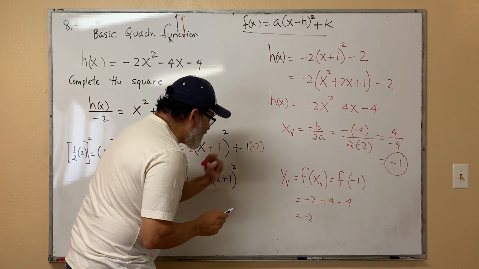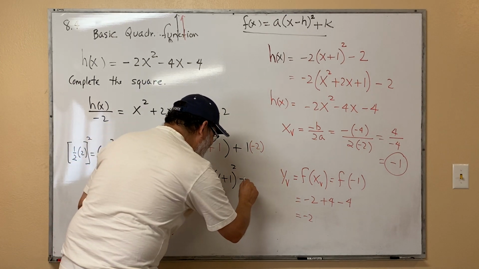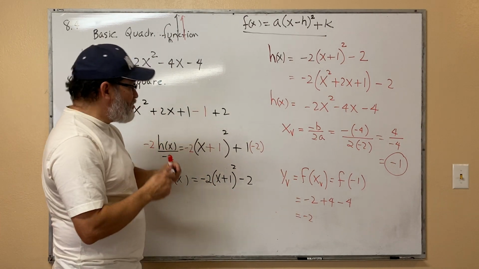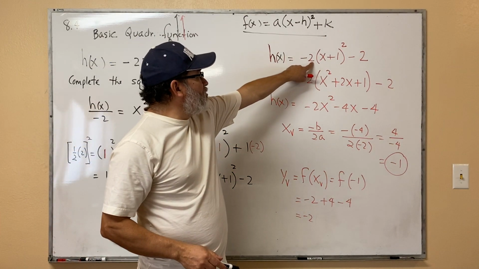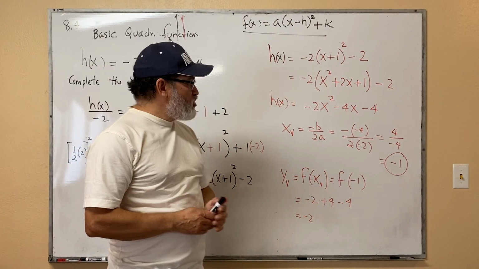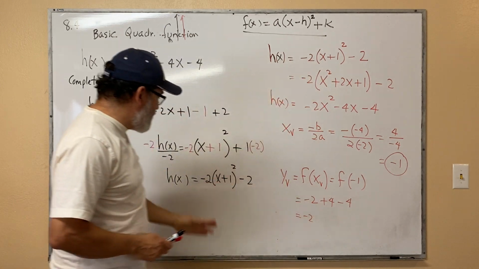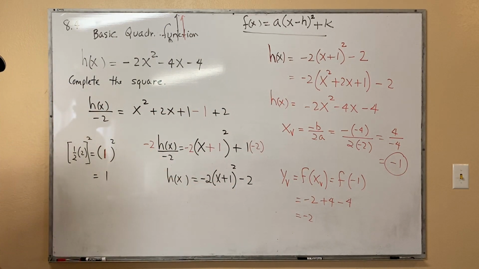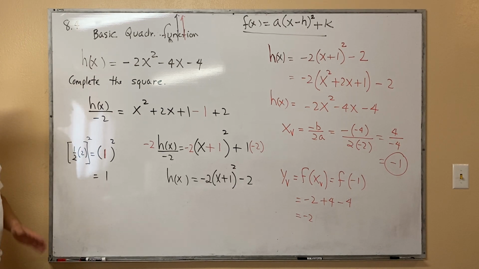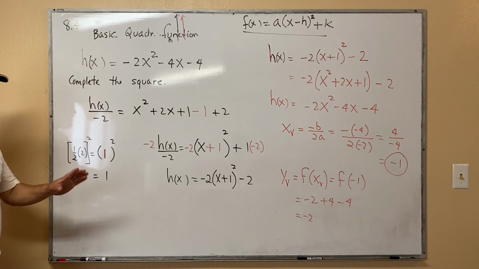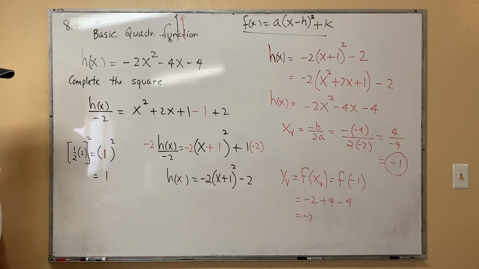What's 1 times -2? -2. And you're back to this. So you went from here to there by completing the square. Look, nice. We love it. This is beautiful.